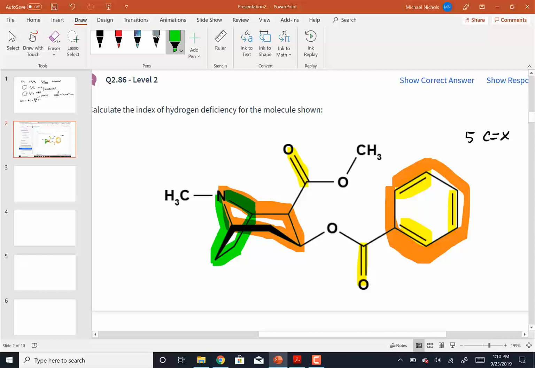So in this case, there's a grand total of 1, 2, 3 rings. So 5 double bonds, 3 rings, gives you a grand total of 8 degrees of unsaturation, or 8 indices of hydrogen deficiency.